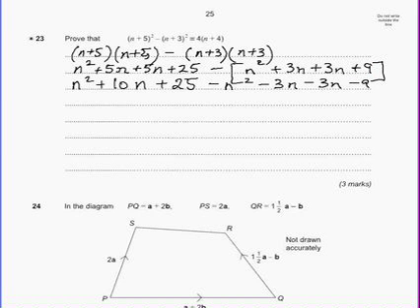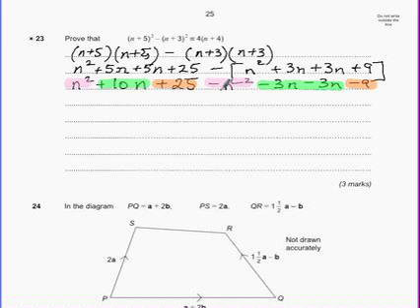And now what we can do is collect like terms. Let me just highlight the ones that are the same. This one and those two are the same. This one and that one is the same. And finally that one and those two are the same.